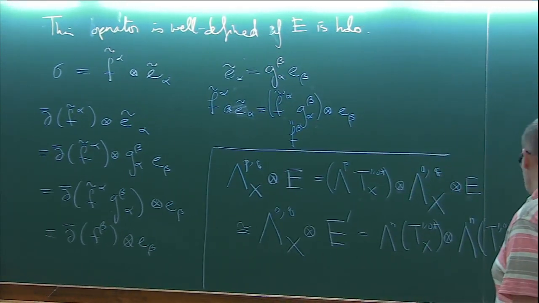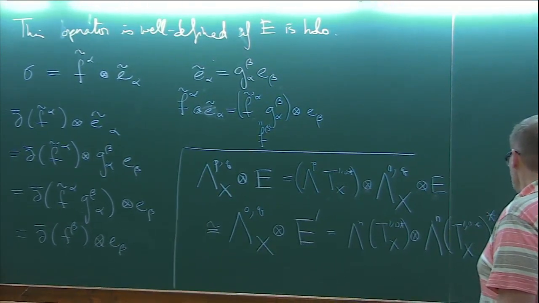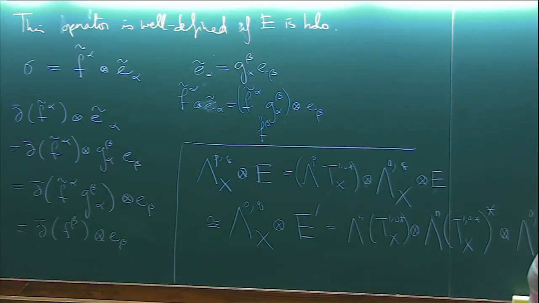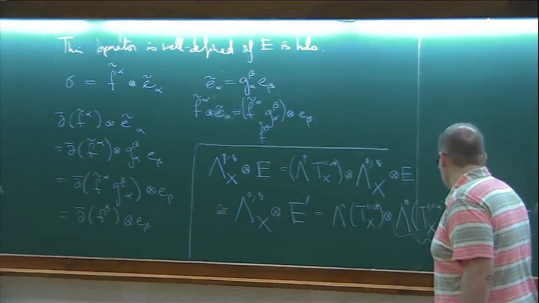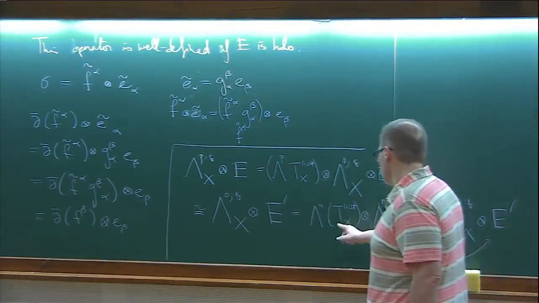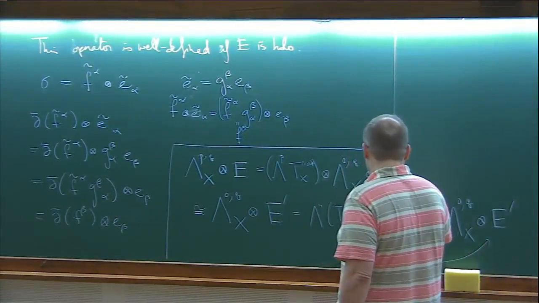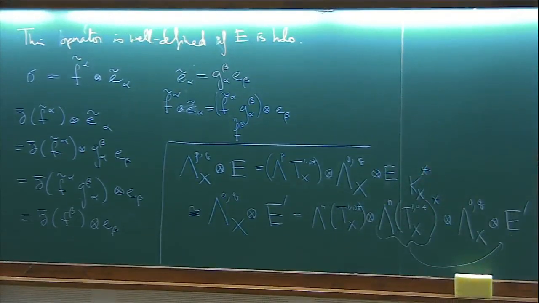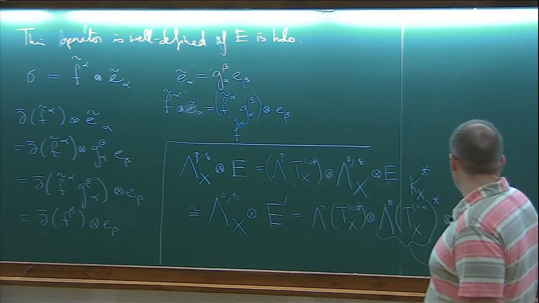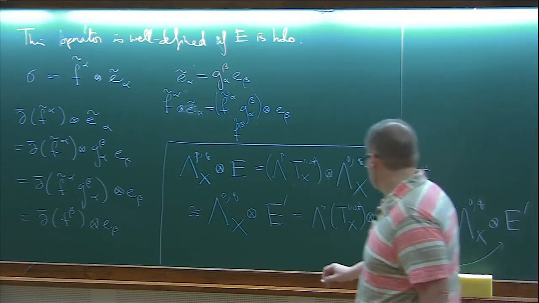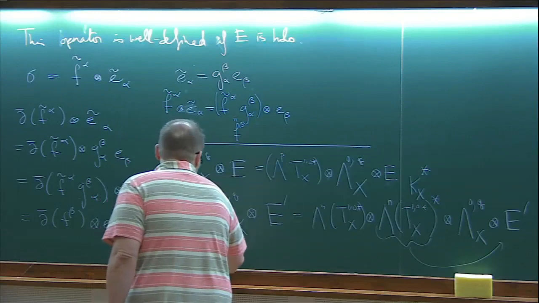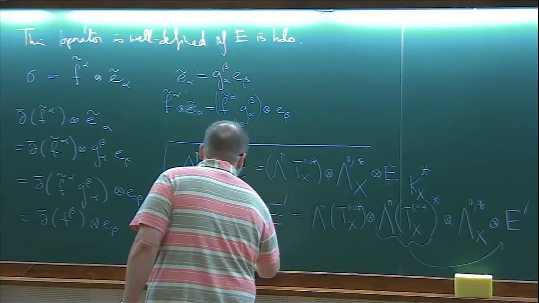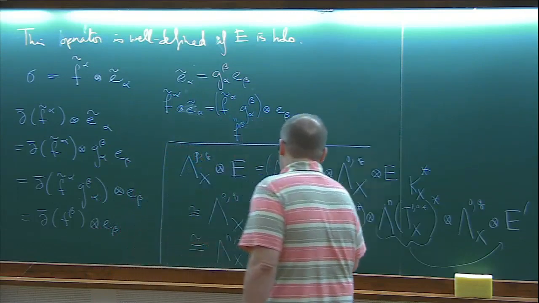And then I've got my lambda 0 q and E prime. Now I take this and move it to here. If you remember, this is the canonical bundle, so this is the dual of the canonical bundle, that's the inverse. And so if you tensor with the dual of the canonical bundle, this will be lambda n q x tensor E double prime.